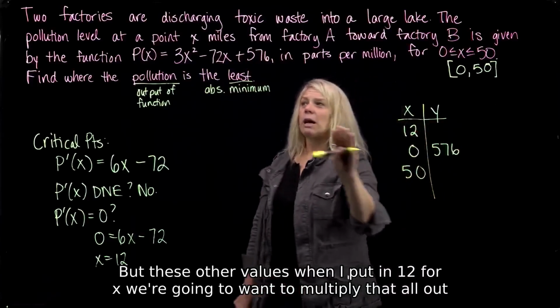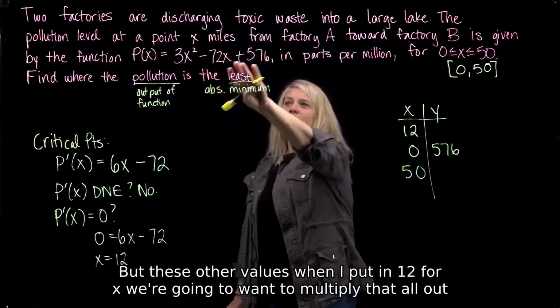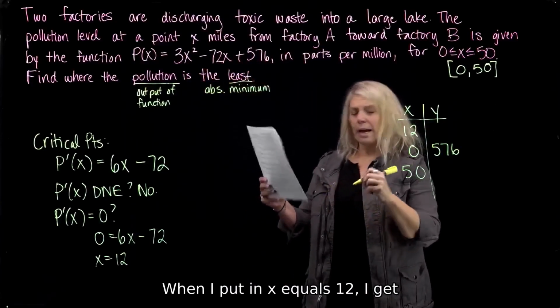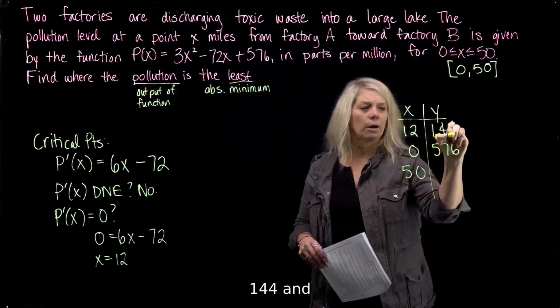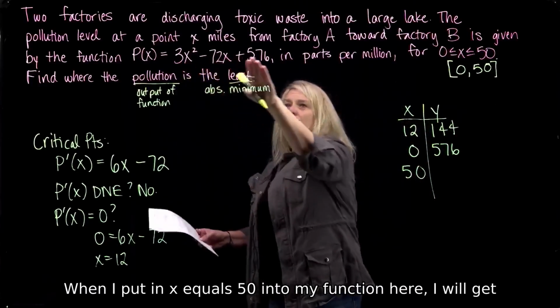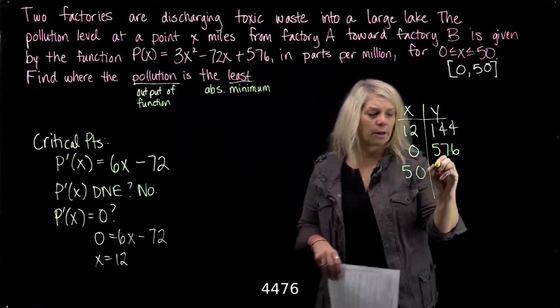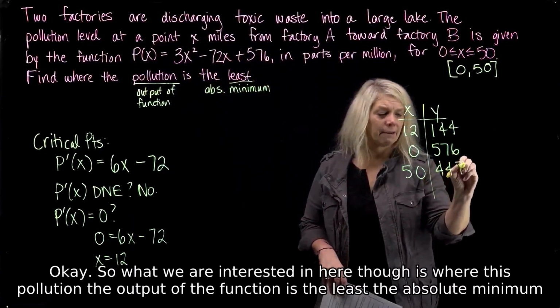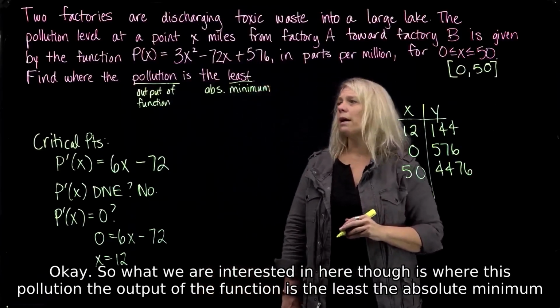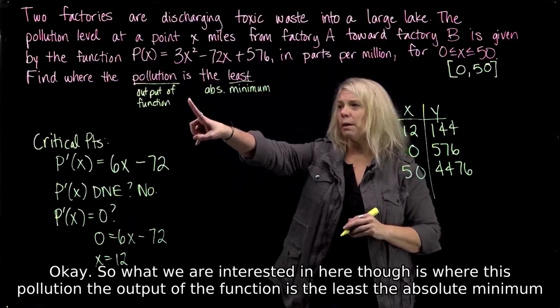But these other values, when I put in 12 for x, we're going to want to multiply that all out. When I put in x equals 12, I get 144. And when I put in x equals 50 into my function here, I will get 4,476.